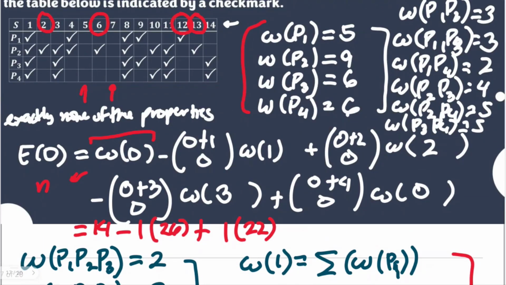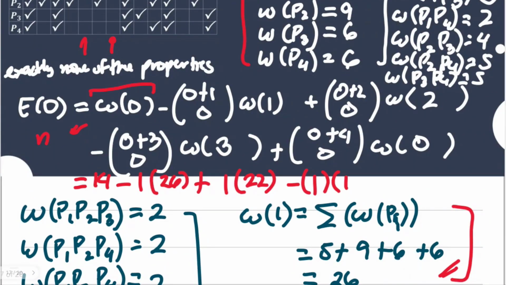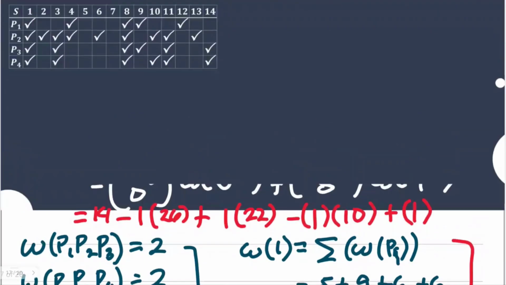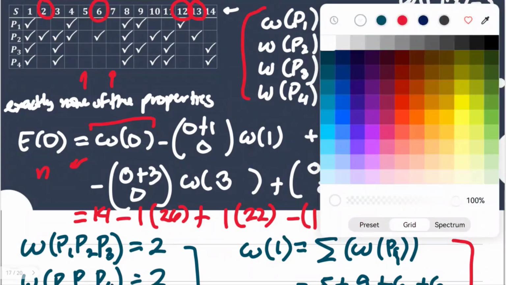And then you have minus, this is still 1, 3 combination 0 is still 1, times omega of 3, which is 10. And then you have here plus 4 combination 0 is still 1, omega, sorry, this is omega of 4, my bad. Omega of 4 is this one here, 2.